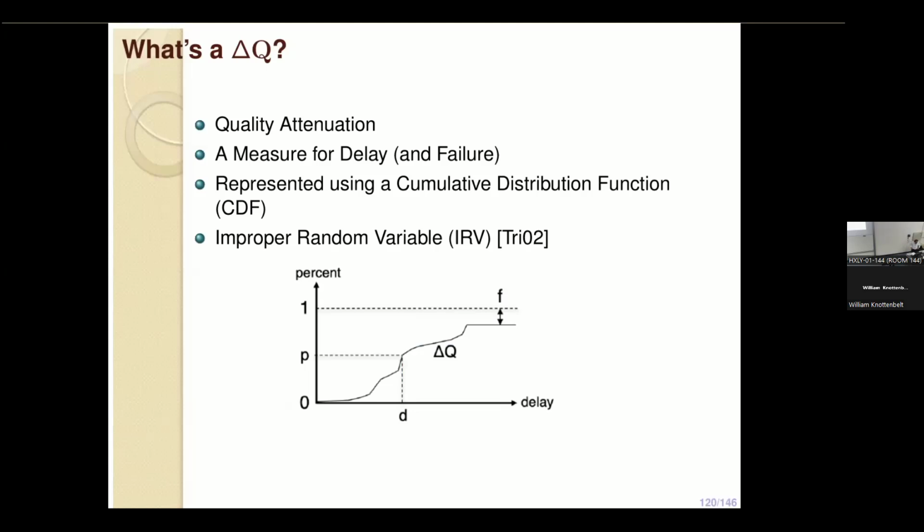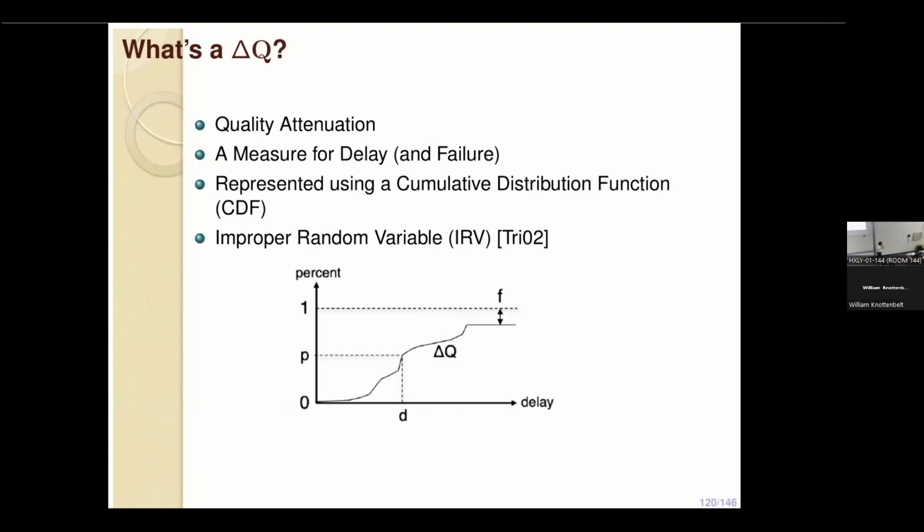And one of the major contributions of ΔQSD to the world of performance engineering is the idea of using improper random variables for that representation.